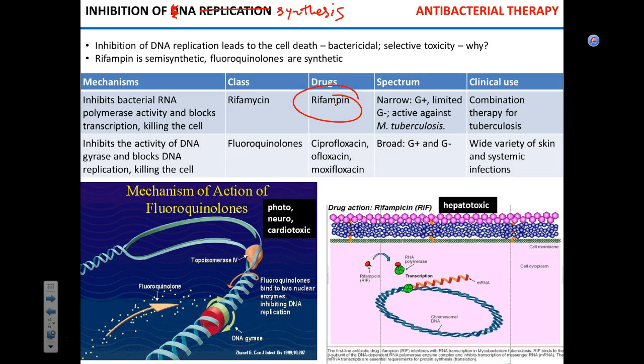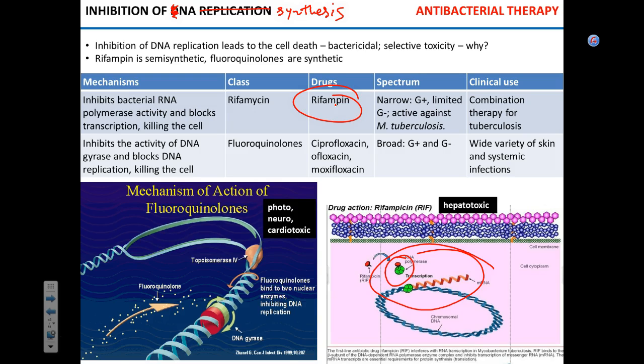It is a competitive inhibitor of RNA polymerase. It binds to the active site of RNA polymerase. Kind of loosely illustrated here. Okay? So you can see it binds to RNA polymerase so that RNA cannot leave the active site.